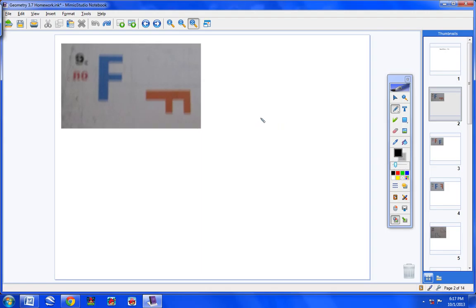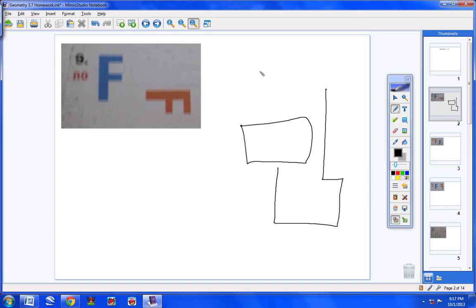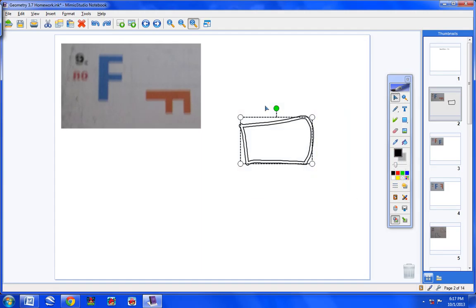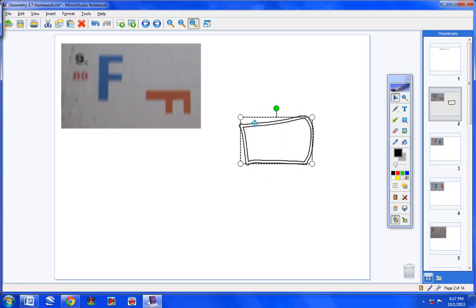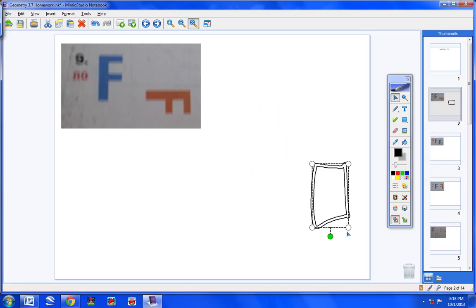If you had a rectangle like this, and you were sliding it around, if you slid it down and over and back up and over and up, all of that is fine. That's a translation. But where you get in trouble is when you start doing stuff like this. When you start rotating it, flipping it like this, flipping it around, all kinds of stuff like that. And that's what you got to be careful of.